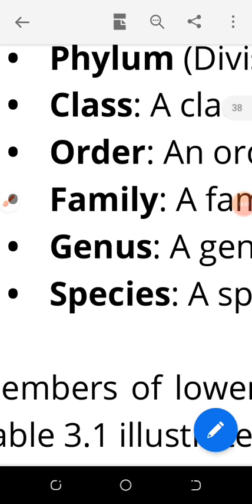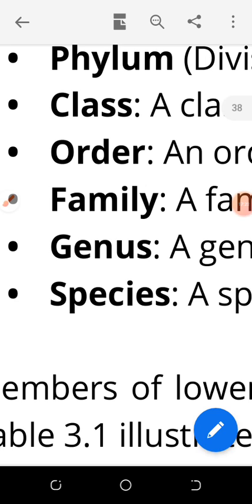The smallest unit of classification, species. The second smallest unit of classification, the genus. Why are they important? Because they are used in naming animals and plants. Your biological name depends upon genus and species. So genus and species will name animals and plants.